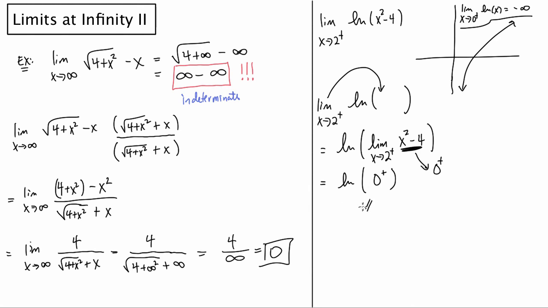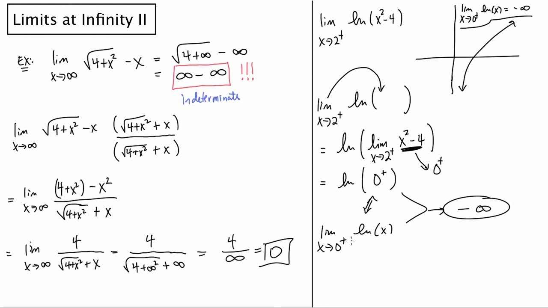This problem is equivalent to asking what the limit as x goes to 0 from the right of the natural log of x is. Both of these give the value negative infinity. So the limit as x goes to 2 from the right of the natural log of x squared minus 4 is the same as the natural log of 0 from the right, which is the same as the limit as x goes to 0 from the right of natural log. So the answer here is negative infinity.